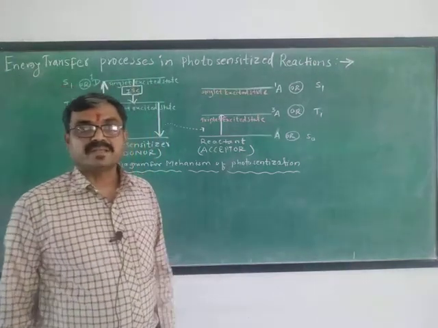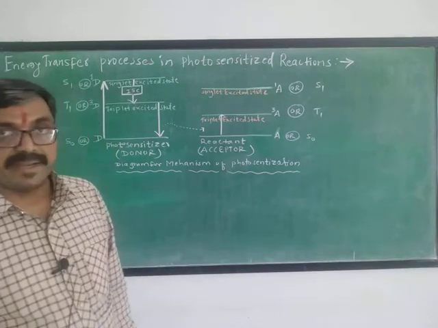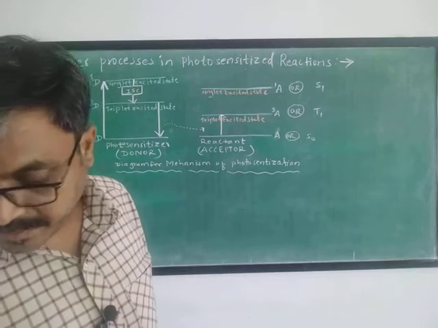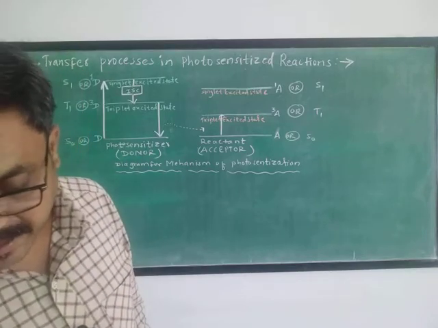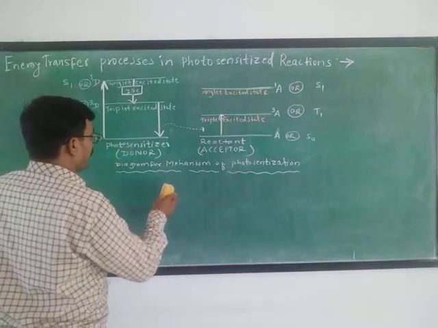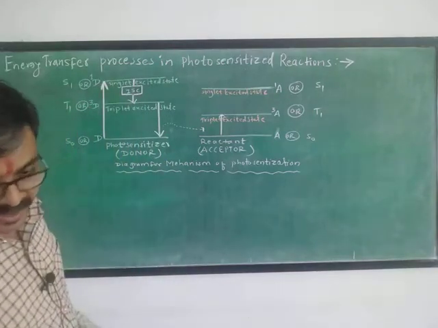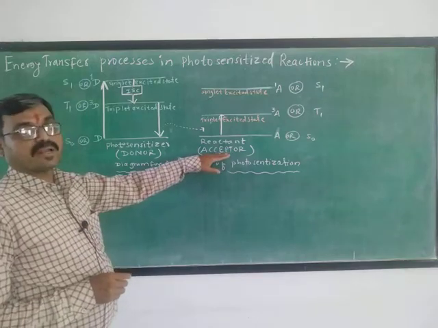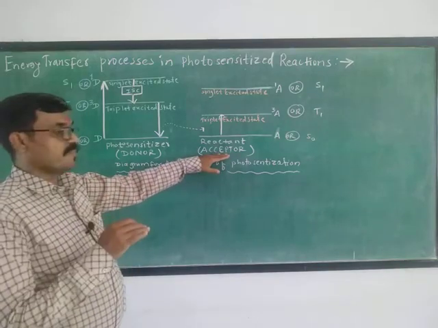Now, the reactions which depict the photosensitization reaction and the quenching reaction are as follows. Now see what happens when the acceptor cannot absorb the incident photon.